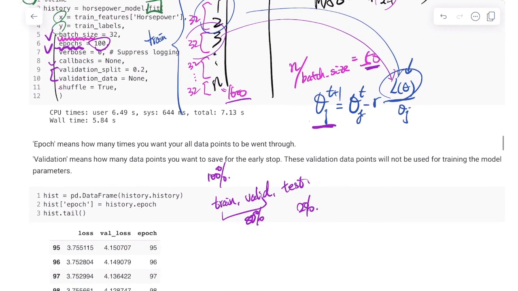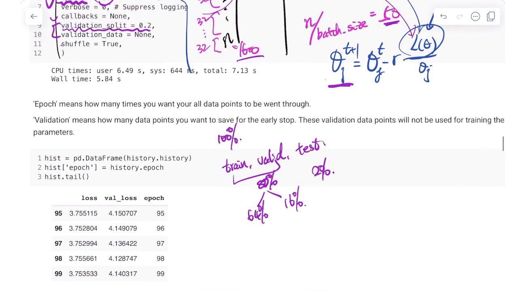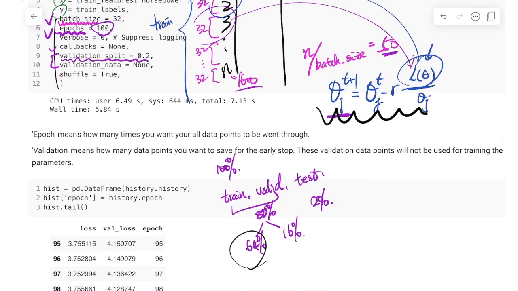In this case, if the validation split is 0.2, that means 20% of that data will be used as the validation data set, and 64% of the data will be used as training data. So not the entire N data; only 64% will be used for the gradient descent, and those data will be divided by the batch size.